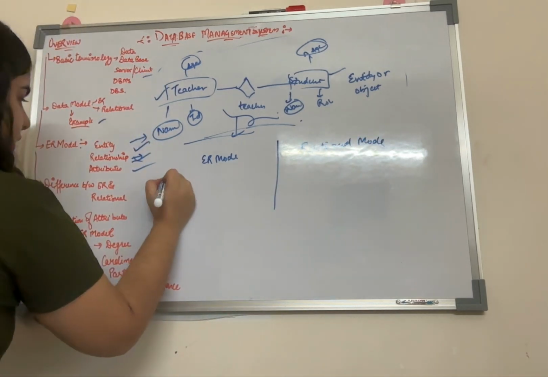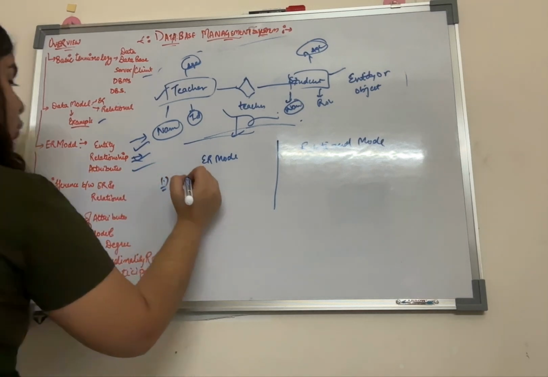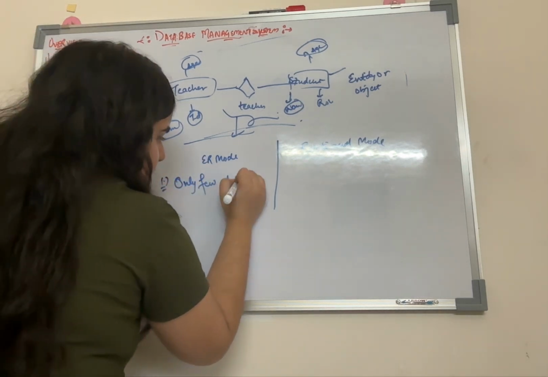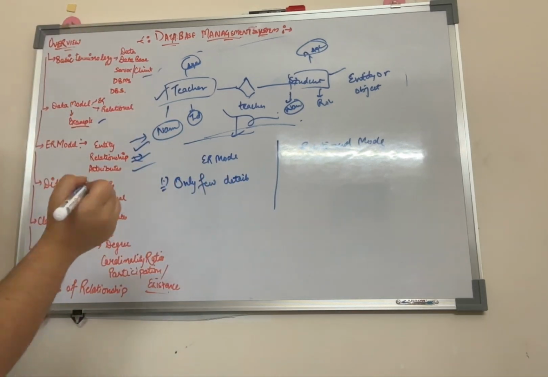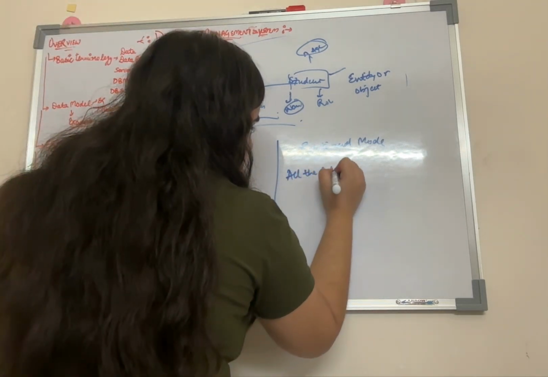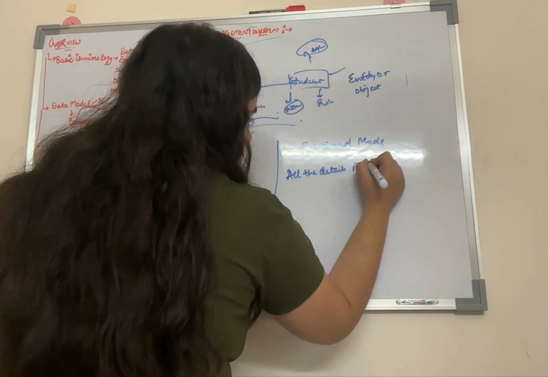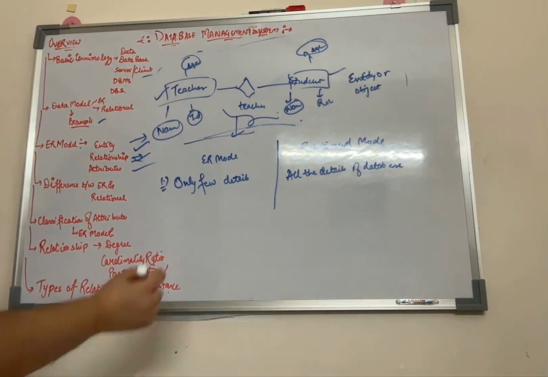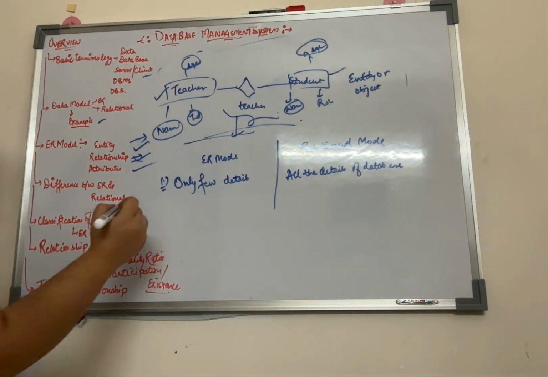The first point is that only a few details are there in the ER model, while in the relational model all the details of the database are there.